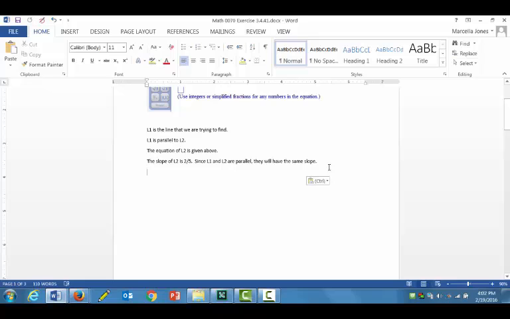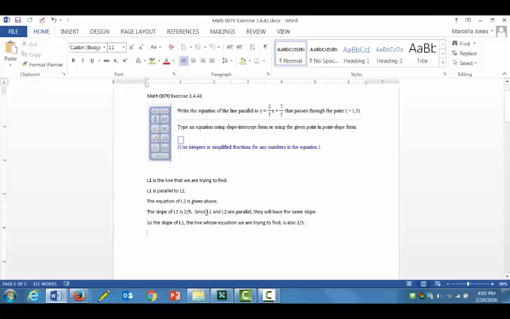What that means is that the slope of L1, the line whose equation we're trying to find, is also 2/5. So M2, the slope of L2, is 2/5.